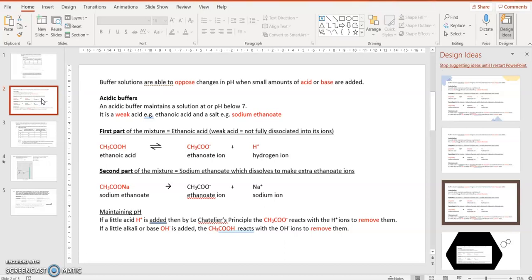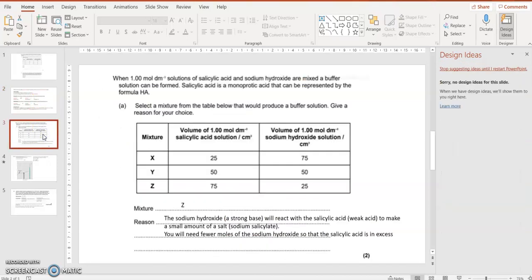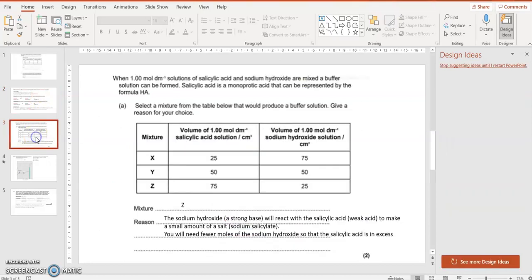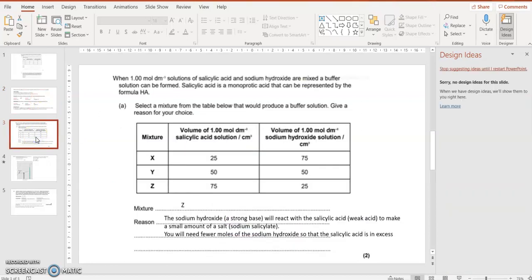You don't want to neutralize the mixture by adding equal numbers of moles. And then what will happen, though I don't think this is part of the answer for the question, is that if you add a little bit of acid to the mixture, then the salt will react with it and shift the position of equilibrium to the left.